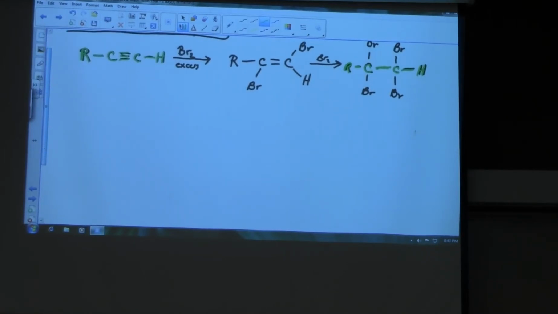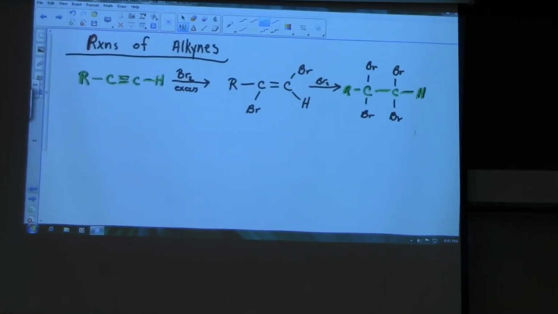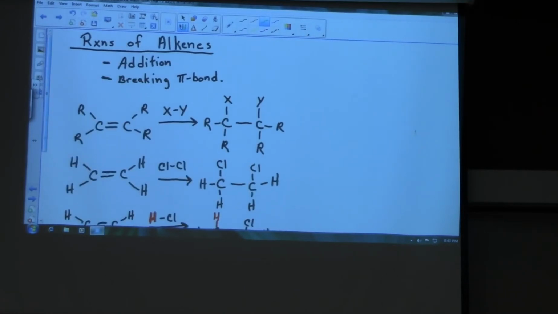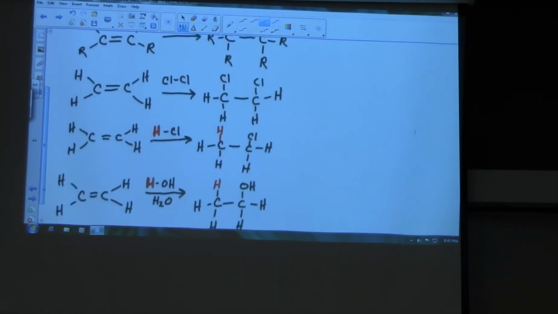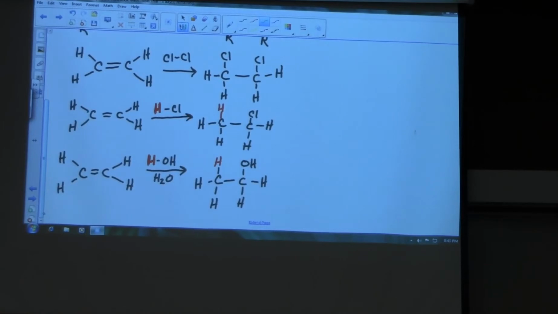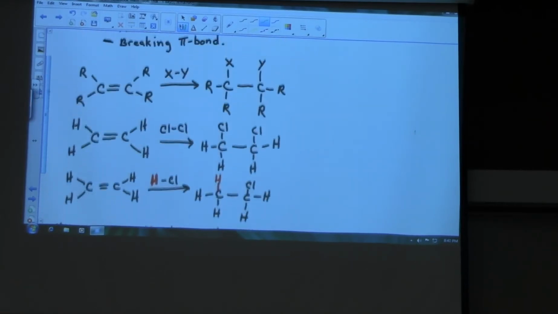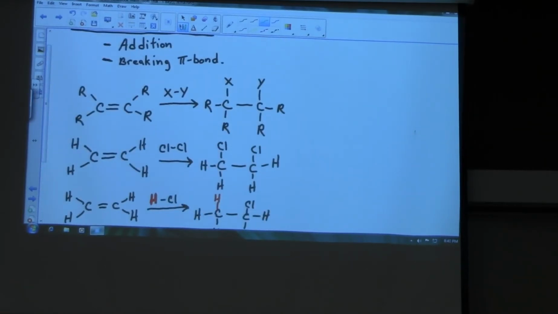Now, for alkenes, these are not the only reactions that we're going to talk about. When we come back here on Wednesday, what we're going to start exploring is what happens if I have an alkene that looks like this.